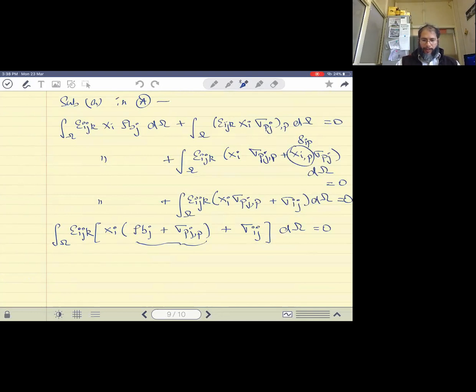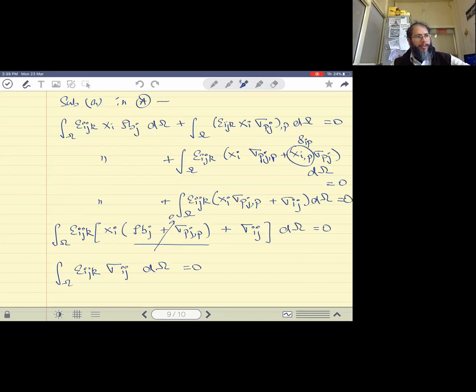So what we see is that rho bj plus sigma pj comma p is nothing but the same as the equilibrium equation we had just written. So this thing is 0. So the only thing we are left with is epsilon ijk times sigma ij times d omega is 0.